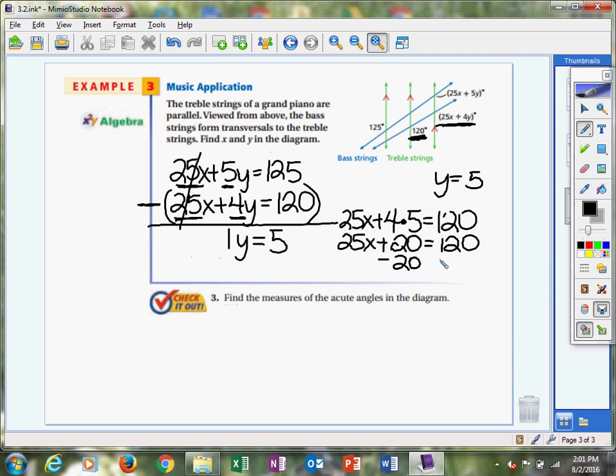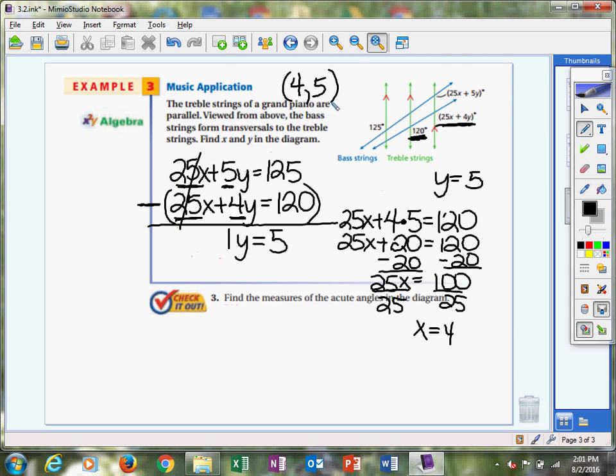Take away that 20 from each side, and now we have 25x is equal to 100, and divide each side by 25. That means x is 4. So we figured out what x and y are equal to, and that would be 4, 5 respectively.